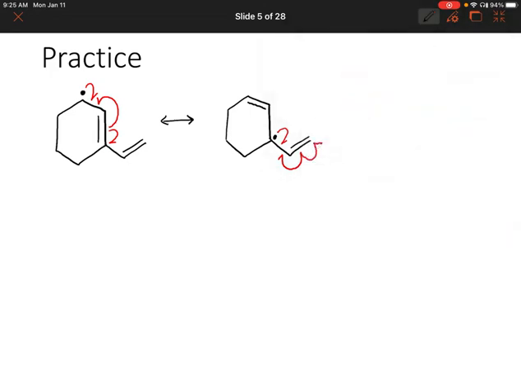Notice you can draw those fishhook arrows above and below to form a bond. That's fine. And now we get our last resonance structure. So we moved our double bond over, and now that single electron is on the carbon on the very end.